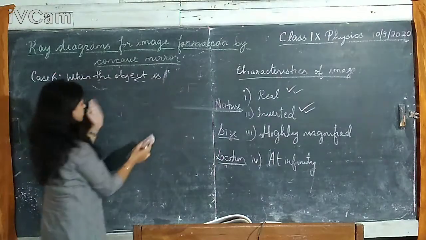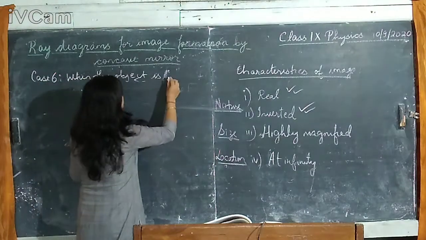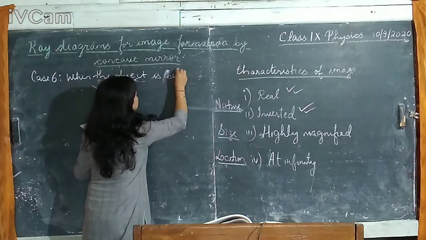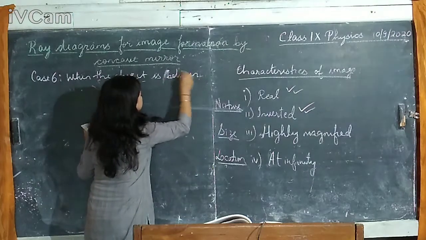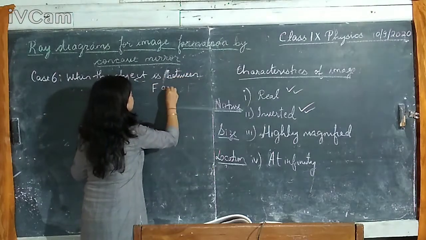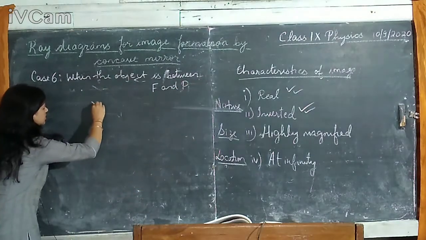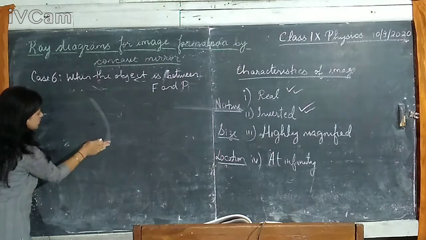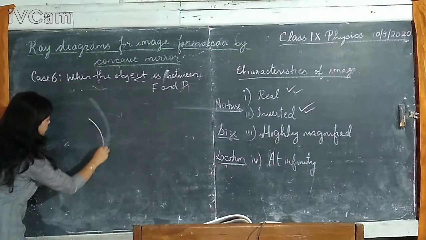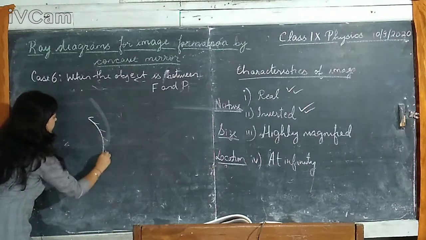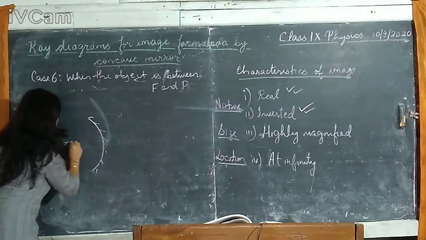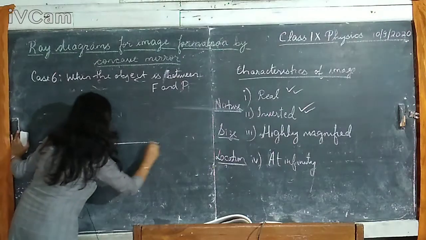obviously now we will be shifting inside the focus, when the object is between the focus and the pole. We will draw the mirror. I will draw it a little lower here, you will come to know later why. Let me extend it a bit.